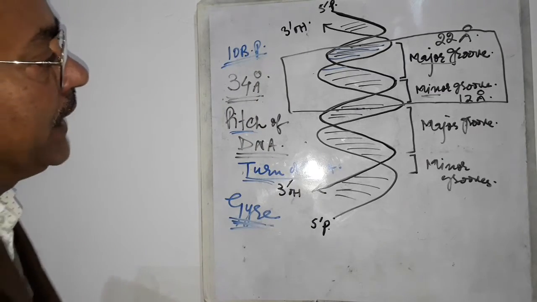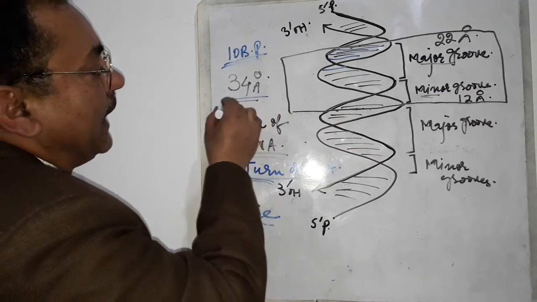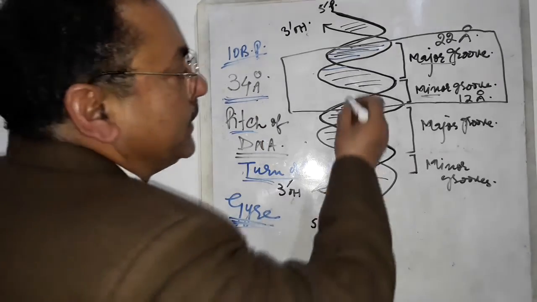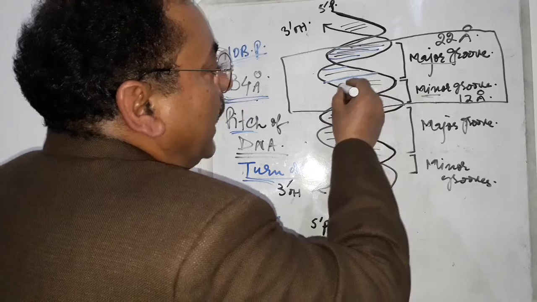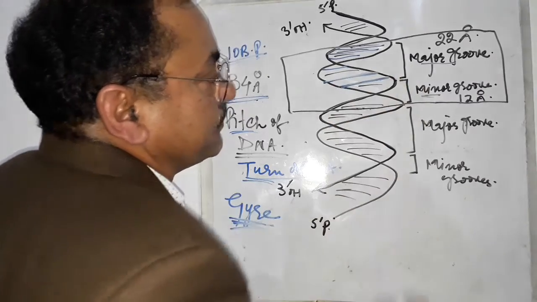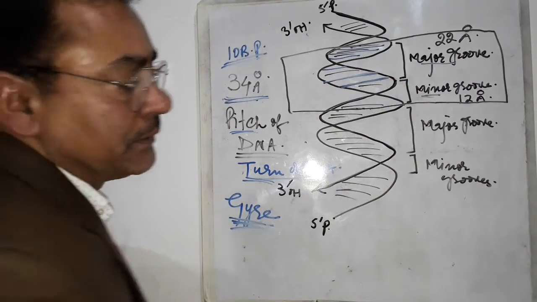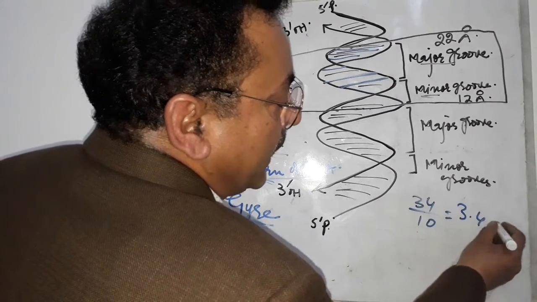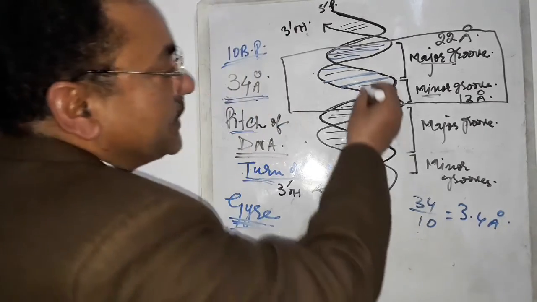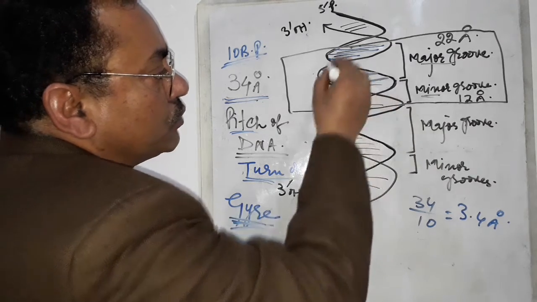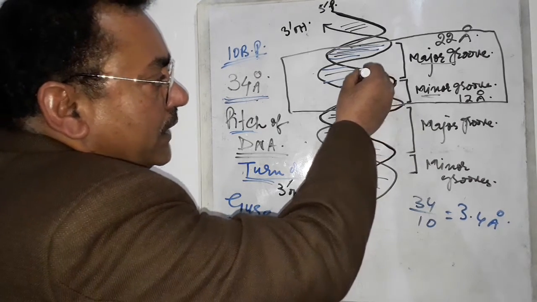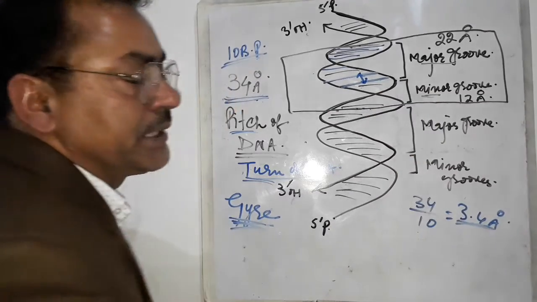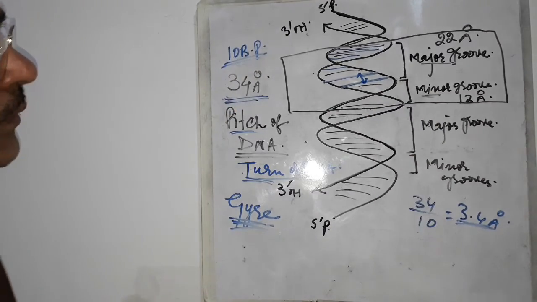So if 10 base pairs are there in a length of 34 angstroms, you can calculate the distance between any two adjacent base pairs in the DNA. That is 34 divided by 10, that is 3.4 angstroms. So the distance between any two adjoining base pairs in DNA is approximately 3.4 angstroms.